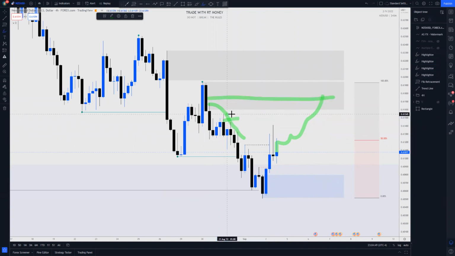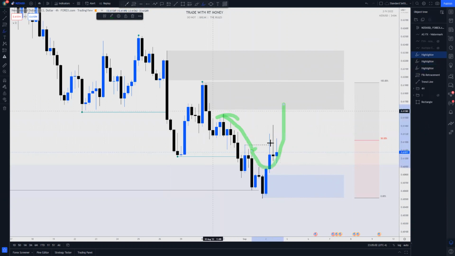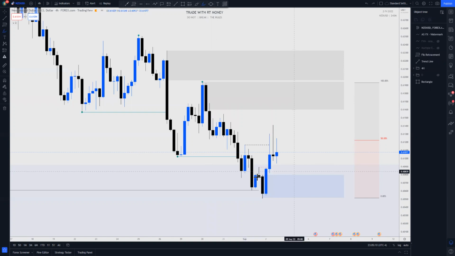It could stop here, all right? But this is so close to this supply zone that I believe it is inducement to get people to take shorts early, only to have price come back and take out their stop losses and take them out of the trade and mitigate this zone and then come on down. All right. I do believe price will continue down further.